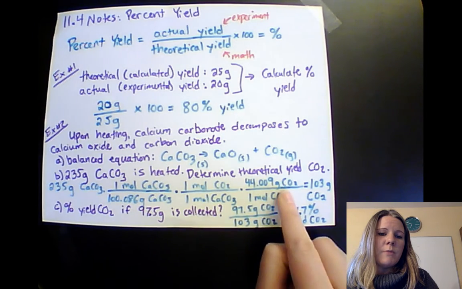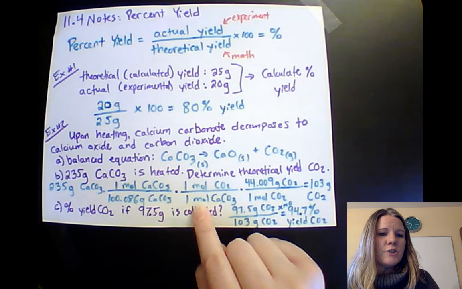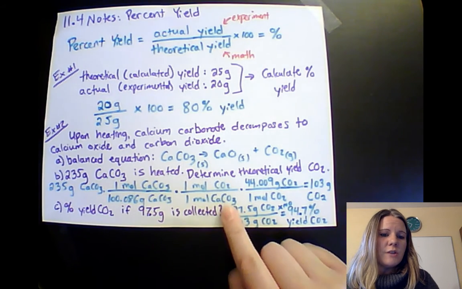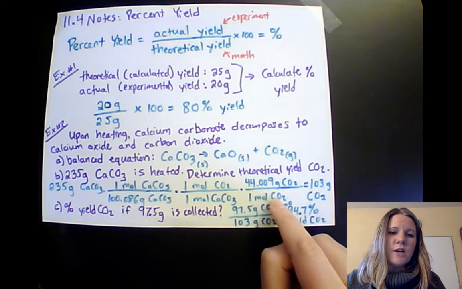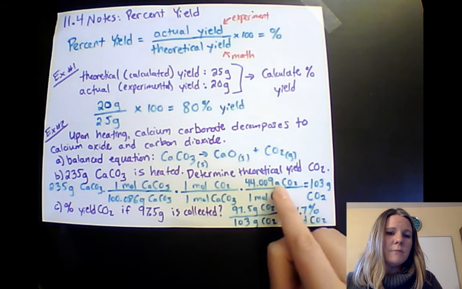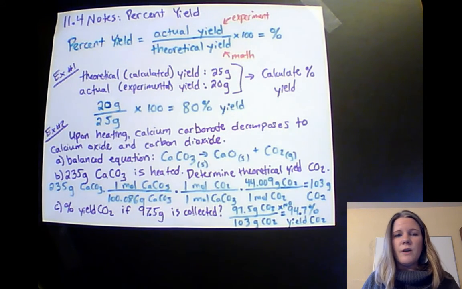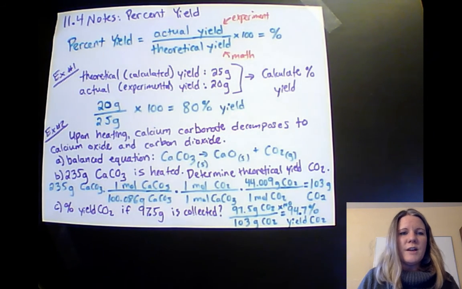So remember from section 2, you're only ever changing one thing at a time. In this fraction, we kept the moles the same, but we changed the molecule name. In this fraction, we changed the unit from moles to grams, but we kept the molecule name the same. So those hints still follow true all throughout this section as you're calculating percent yield.